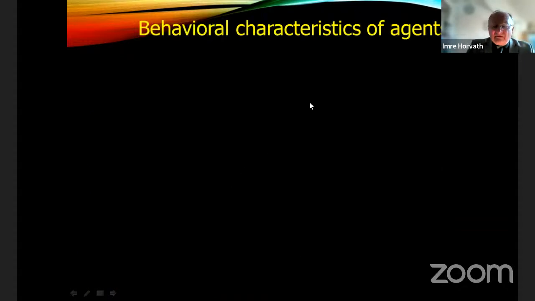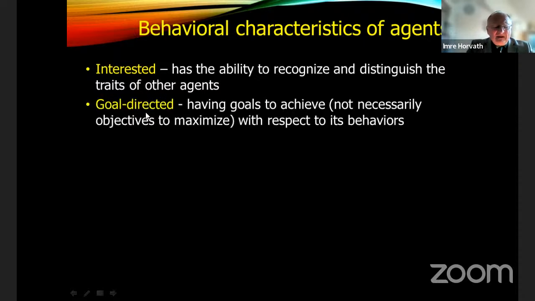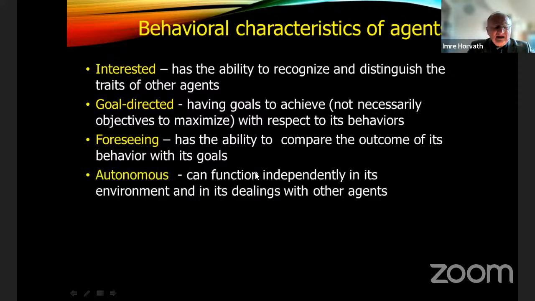Then the behavioral characteristics of an agent is something I want to talk about. With regards to its behavior, an agent can be interested, having the ability to recognize and distinguish the traits of other agents. It can be goal-directed, having goals to achieve, not necessarily objectives to maximize with respect to its behavior. Foreseeing means the agent has the ability to compare the outcome of its behavior with its goal.